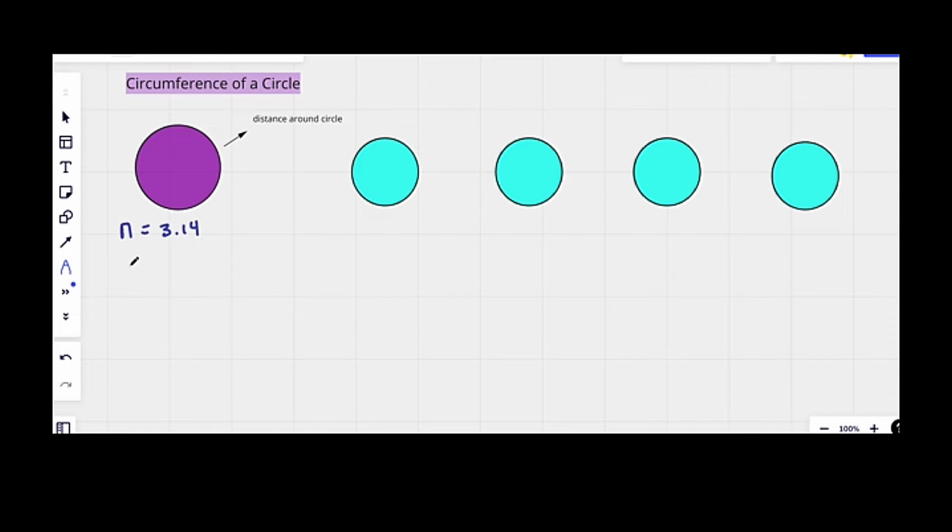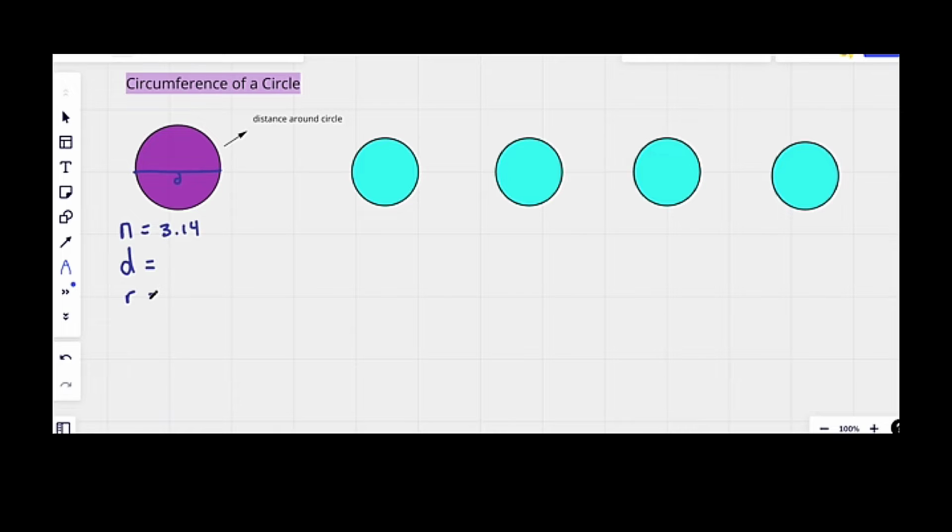Okay, we're going to need diameter. And the diameter is the distance from one end of the circle to the other end of the circle. And we need the diameter to be able to calculate the circumference of the circle. And sometimes we don't get the diameter, we're given the radius.